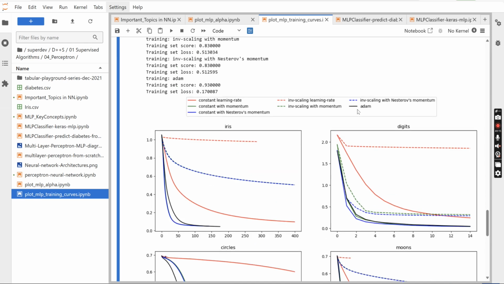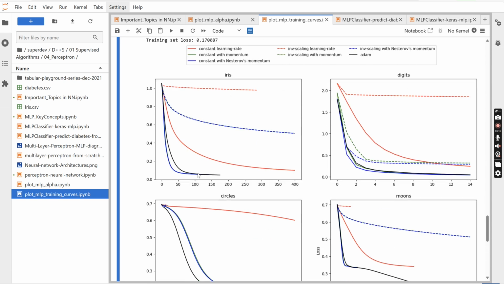Now the next two contenders are Adam and constant learning rate with Nesterov's momentum. Blue and black line. The competition is between the blue and black line. Notice how the Nesterov momentum has decreased the loss with the least number of epochs.